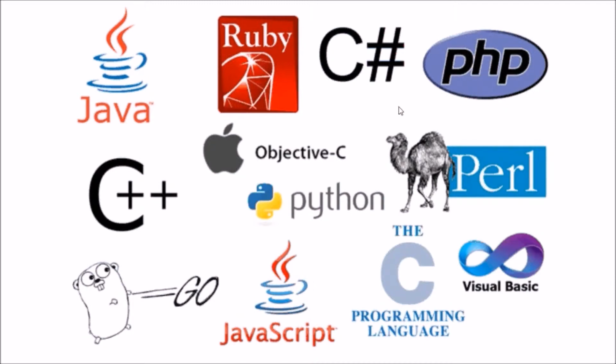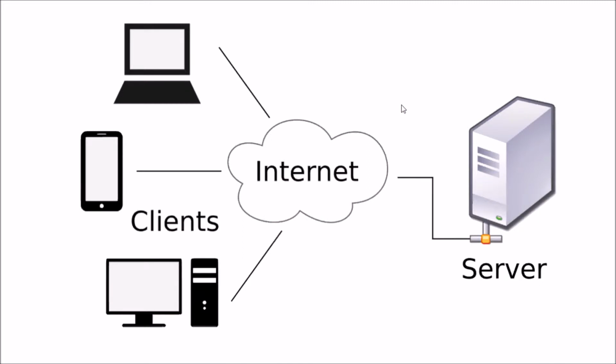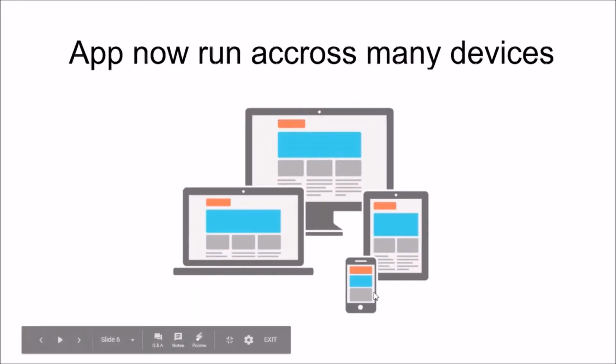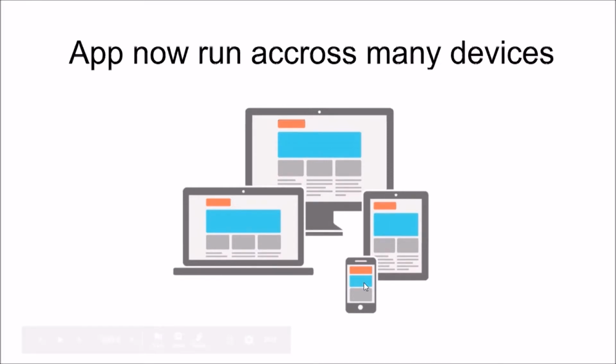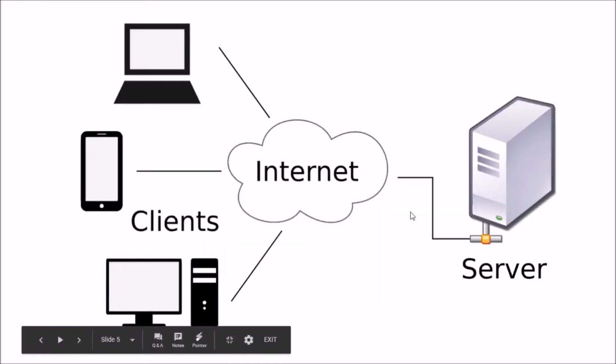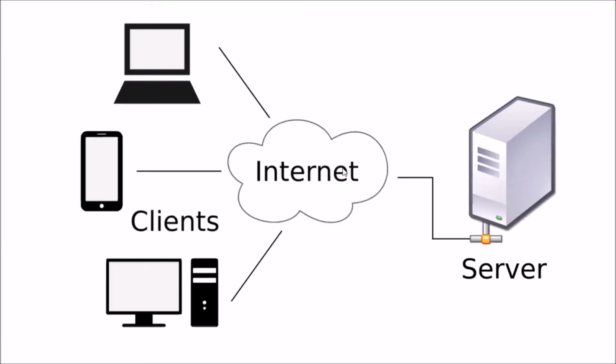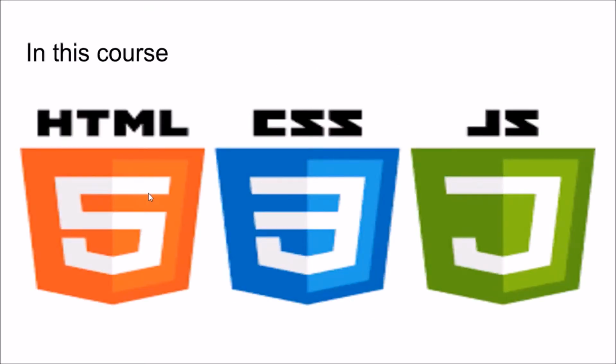Keeping in mind present day technology, like computers, laptops, tablets, devices, and also the architecture of a client and server, I have thought of these three combinations, or what I want to call triplets: HTML, CSS and JavaScript are the right choice for people who are interested to begin coding.